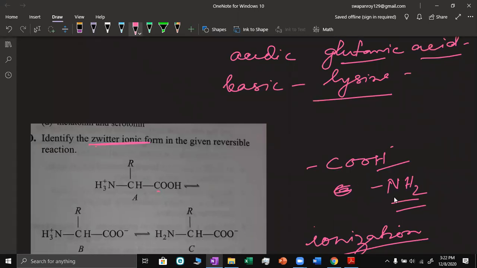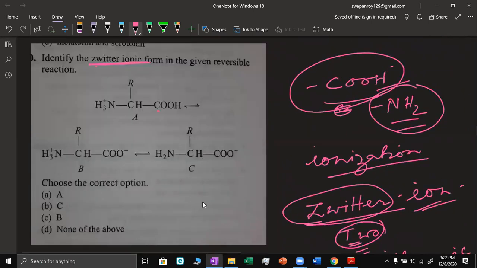Okay, the amino group can undergo ionization, and the carboxylic group can also undergo ionization. So this is called a zwitterionic compound. Right. So identify the zwitterionic form in the given reversible reaction.